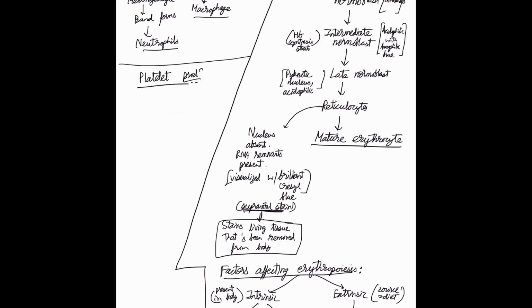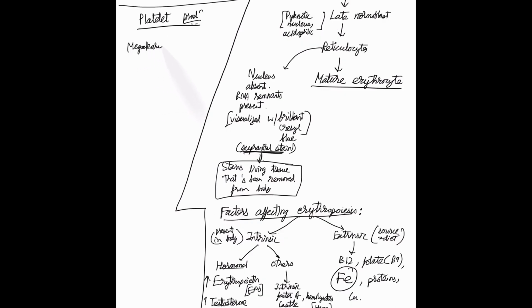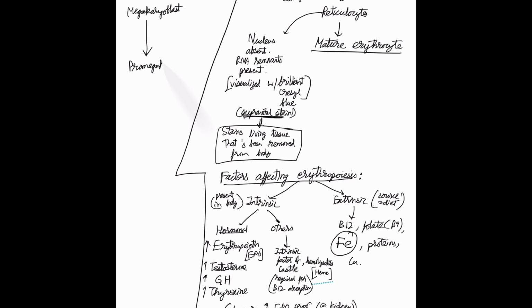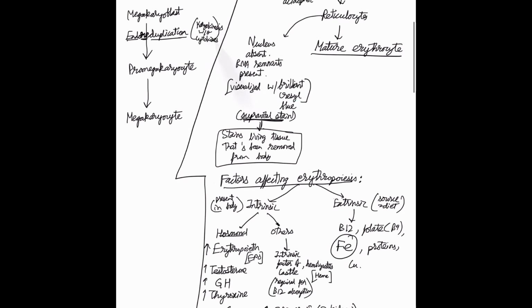Now let's see platelet production. How does that happen? We have megakaryoblasts, which mature into promegakaryocytes and then megakaryocytes. So megakaryoblasts undergo a phenomenon called endoreduplication, which is basically karyokinesis without cytokinesis, to form promegakaryocytes, which are basically like 32 times the diploidy of the megakaryoblast.